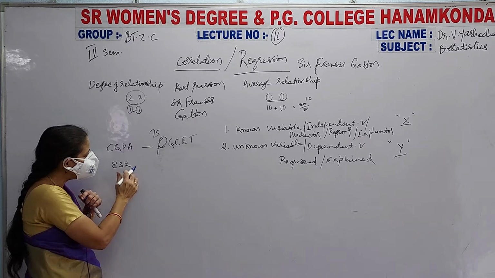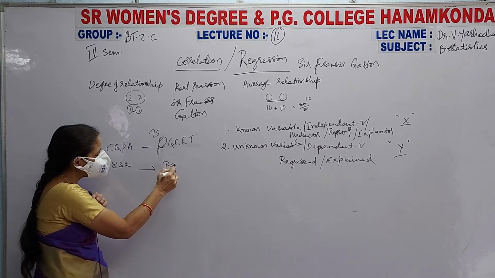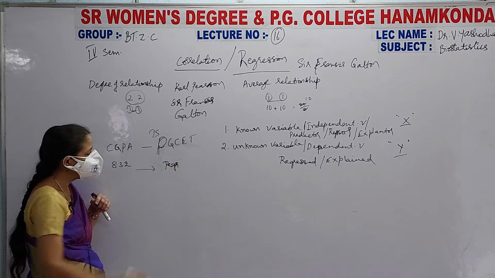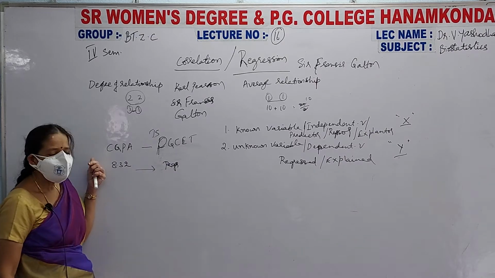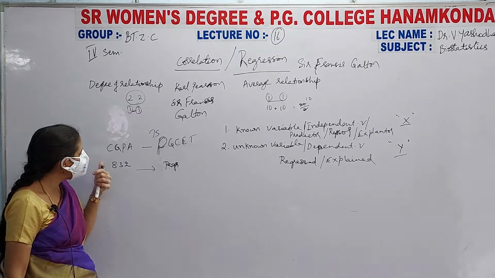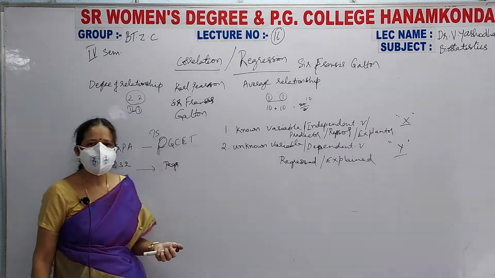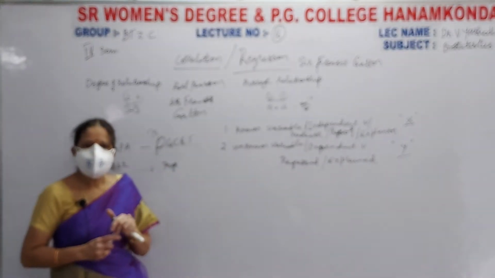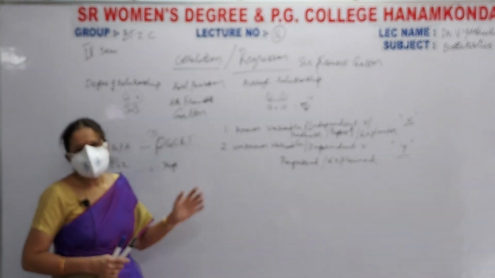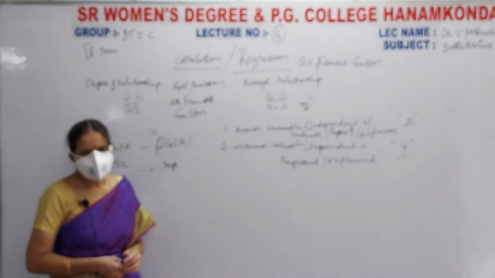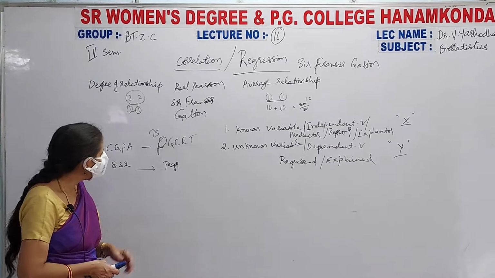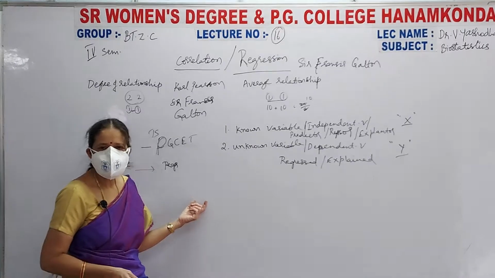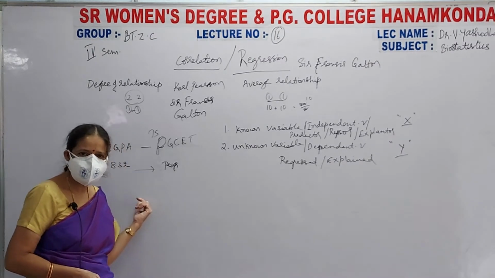So at this time we will go for regression. That means when the CGPA is 8.32, what rank will he get in the entrance examination, if you want to know that, you have to go for regression, so that with the help of regression you can analyze this.